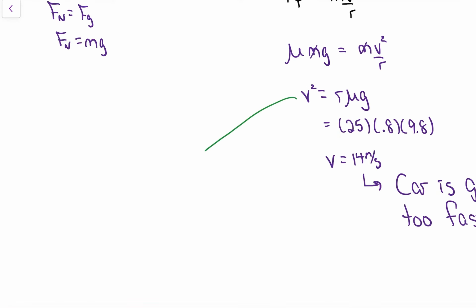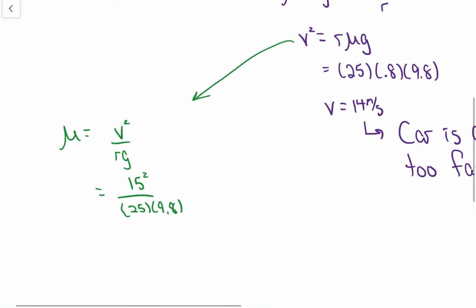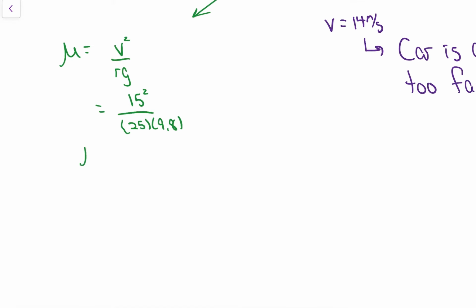Another way to do it would be, from our v squared equals rug equation, we could say that mu equals v squared over rg. The v squared was given, this time I'll use the given v, it was given as 15 meters per second. The r was given as 25, and g is always 9.8. If we calculate that out, we'll get a coefficient of friction of 0.92.